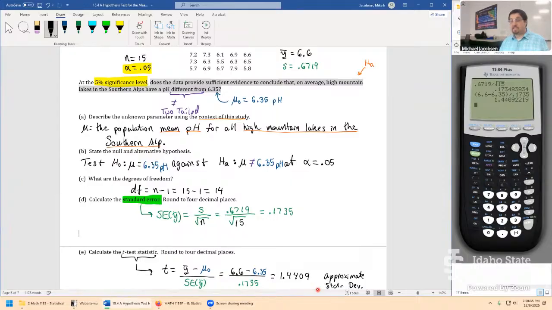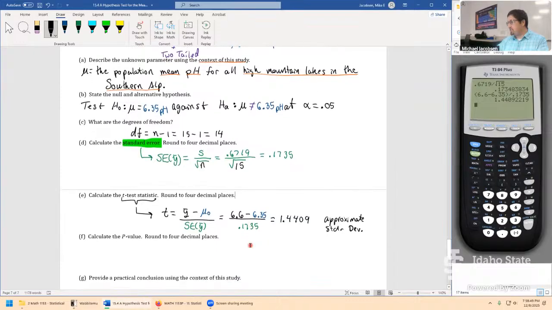So our data is 1.4409 approximate standard deviations away from that statement in the null hypothesis that the mean is actually a pH of 6.35. So is it statistical inference? Well, that depends. We have to get the p-value out. It doesn't look like it to me, but we have to find the exact p-value to know with complete certainty.